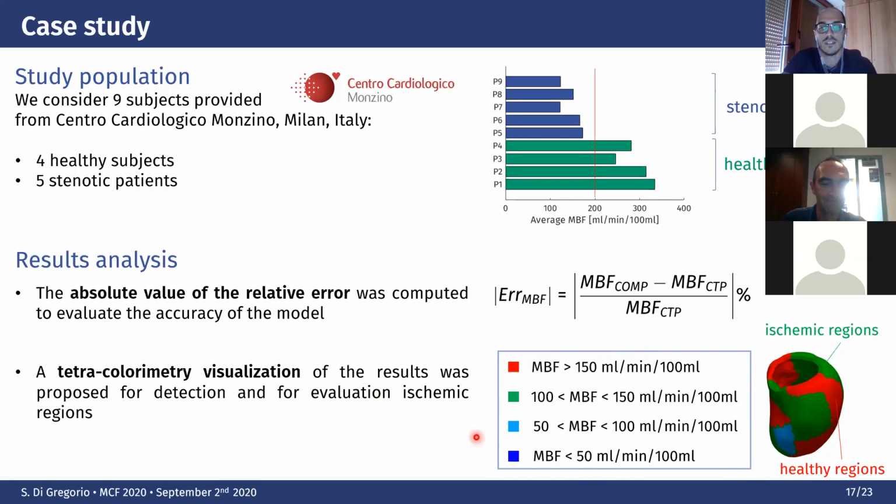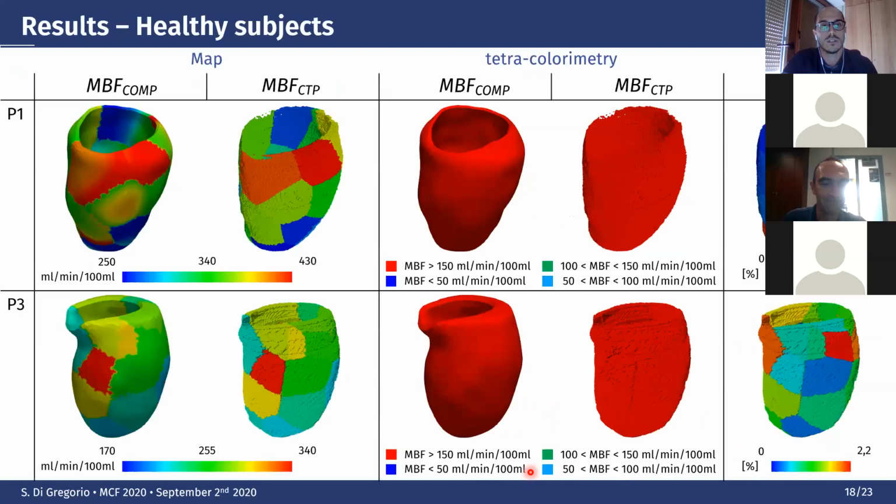So when we see these three colors, we know that the perfusion region is ischemic. Okay, in this slide, I reported two examples for healthy subjects, and we have in the first column the computed MBF. In the second, the MBF average from the CTP images.